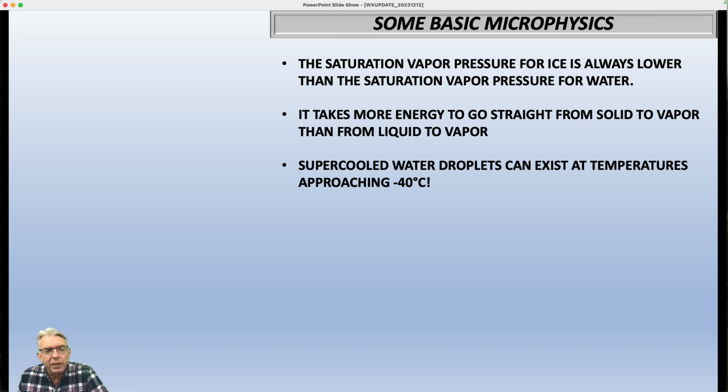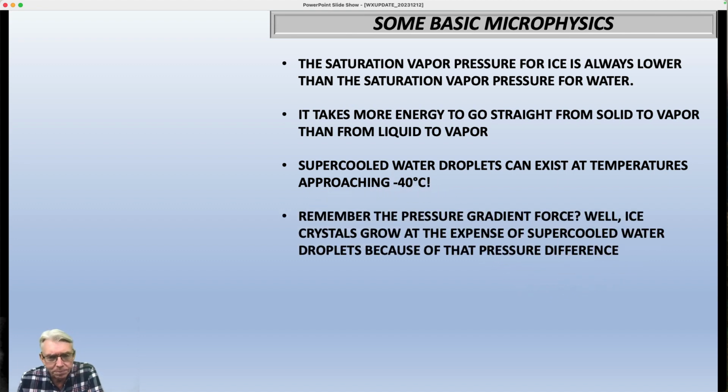Another thing worth noting here is that there are such things as supercooled water droplets that can exist all the way down to about minus 40 degrees Celsius, which, by the way, is also minus 40 degrees Fahrenheit. And so there can be liquid even at very, very cold temperatures.